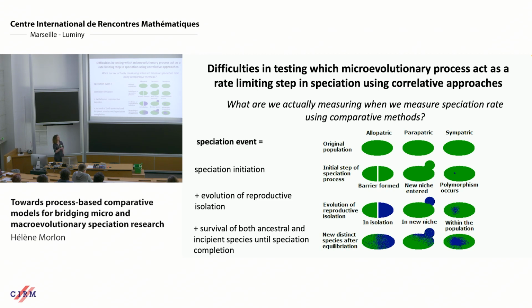Then we need to have this evolution of reproductive isolation, and then we need this to complete. So we need both the ancestral species and the incipient species to not go extinct until the speciation is complete. So there's really these three processes of initiation, evolution of reproductive isolation, and survival of both ancestral and incipient species until speciation completion to have a speciation event.